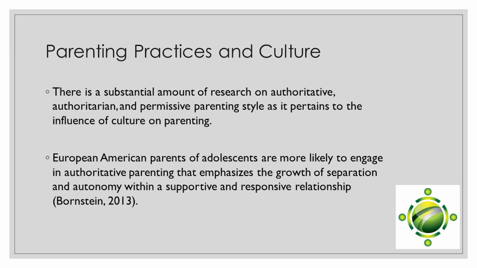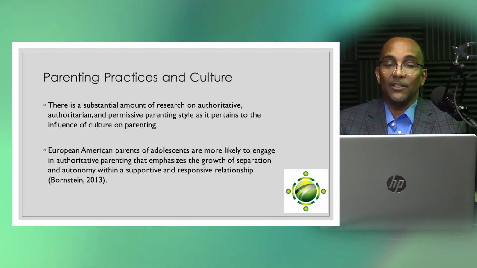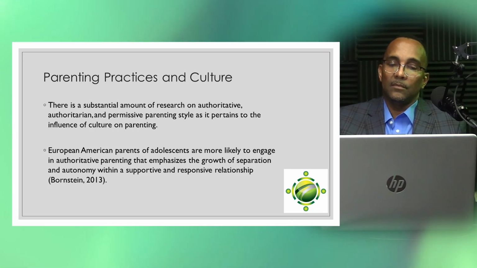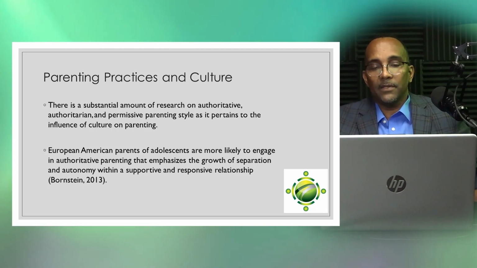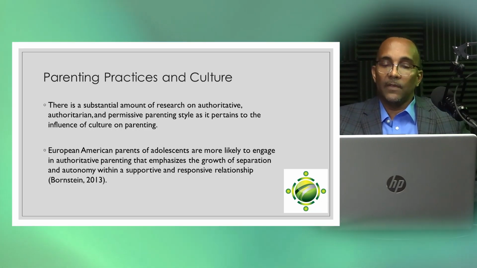There is a substantial amount of research on authoritative, authoritarian, and permissive parenting styles as it pertains to the influence of culture on parenting. European American parents of adolescents are more likely to engage in authoritative parenting that emphasizes the growth of separation and autonomy within a supportive and responsive relationship. So European American parents tend to be more authoritative in terms of their parenting approach.